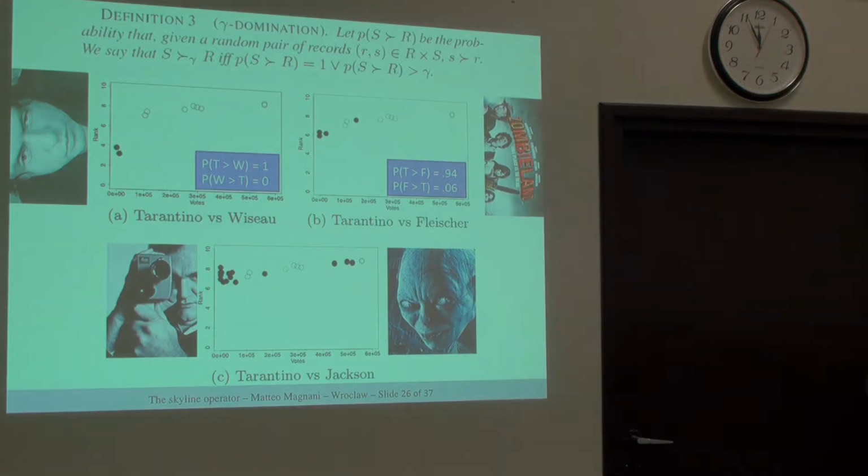Okay, good. What if the number of votes and the score do not match? So if something is more popular but worse, in that case, I have no possibility of saying that it should be removed from the data set, because there might be someone that likes one or the other parameter more.